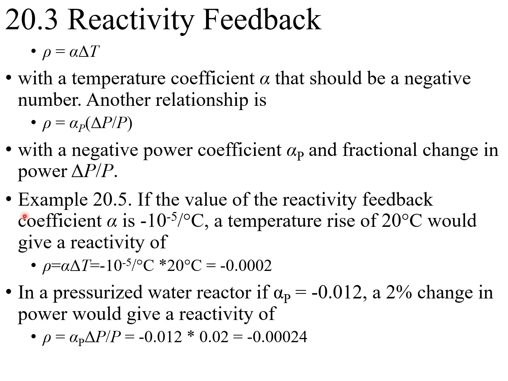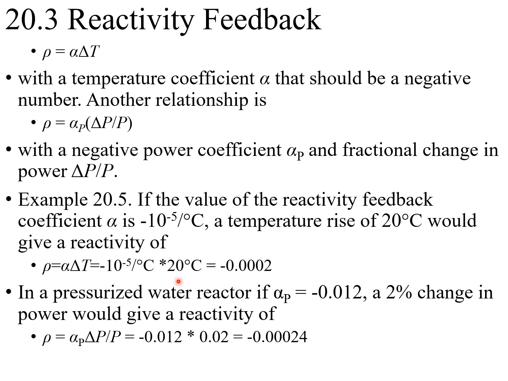We multiply 20 by this alpha and get negative 0.002. You see that you have a temperature rise, but you get a negative reactivity. This means that the reactor power will automatically decrease in order to help reduce the system temperature.